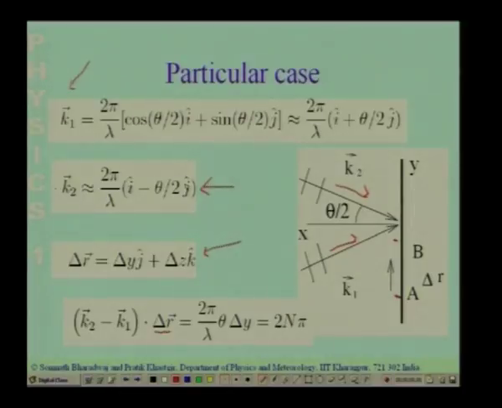So, k2 minus k1 is 2 pi by lambda into theta j with a minus sign. So, there will be a minus sign, but we are not really concerned about the sign, so we have not written it over here. So, k2 minus k1, let me write it down over here, or I can do it here.